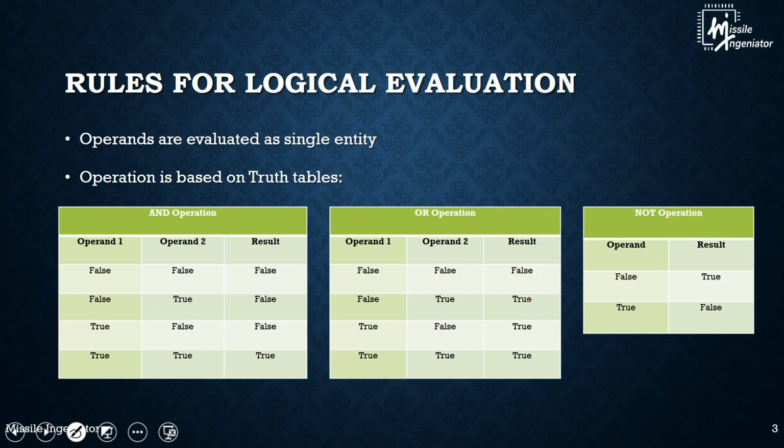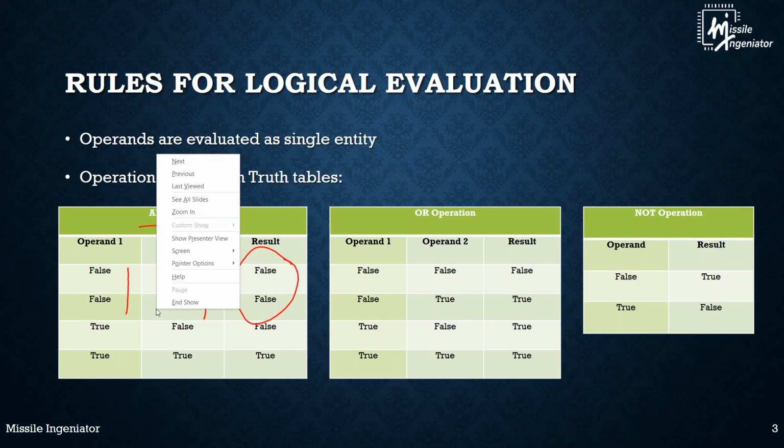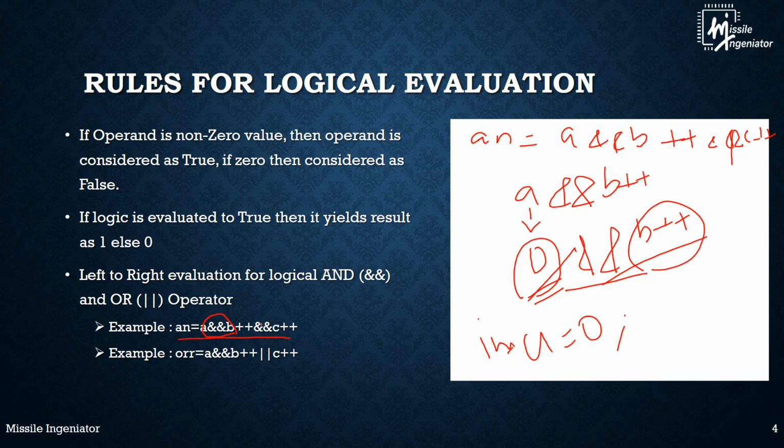Which we find here: if the value is false, then whether the second operand is true or false is not necessary, because the result is evaluated to 0 in the AND operation. So in this example, if a ampersand b plus has a as 0, then the whole result is evaluated to 0.